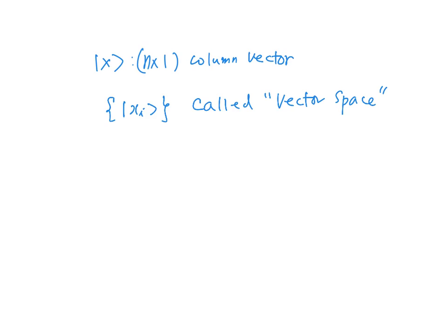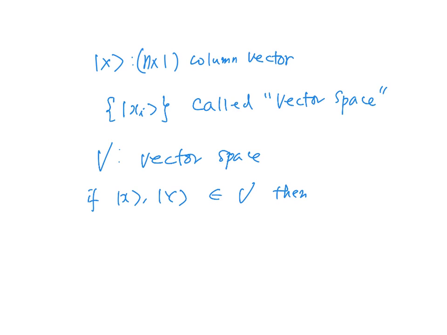Say V is a vector space; the condition is, if x, y belong to V, then C1x plus C2y is also in V. A vector space is sometimes called a linear space.